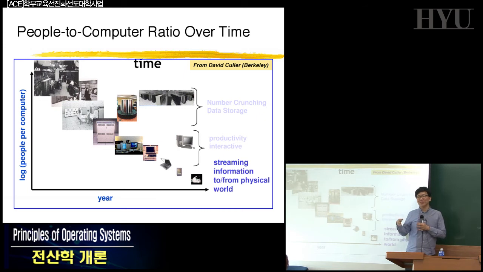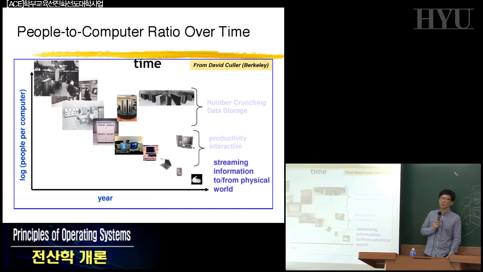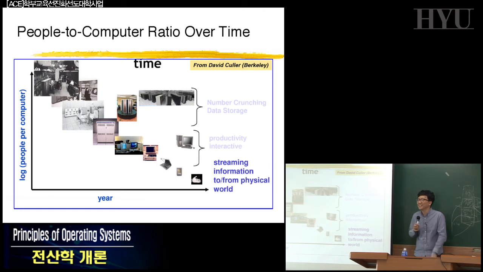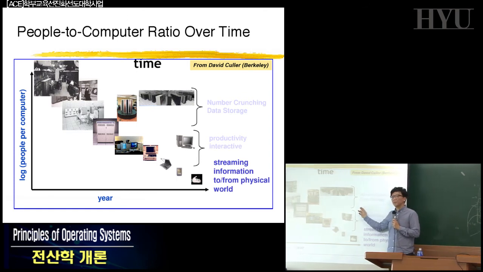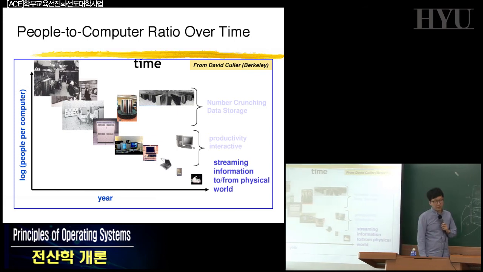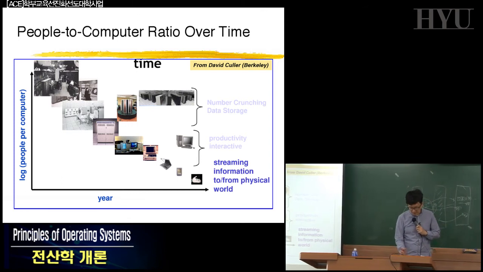Put that information into a database or system itself. 데이터 프로세서라는 잡 아직도 있는데 아주 되게 팬시해 보이지만 실제로 하는 일은 종이에 있는 거 컴퓨터로 옮겨 적는 잡이에요. 그런 거 할 때는 아직 you need a lot of people to work on it, right? But for streaming information from the physical world, currently only a very small number of people is required to run a computing system. That's it.